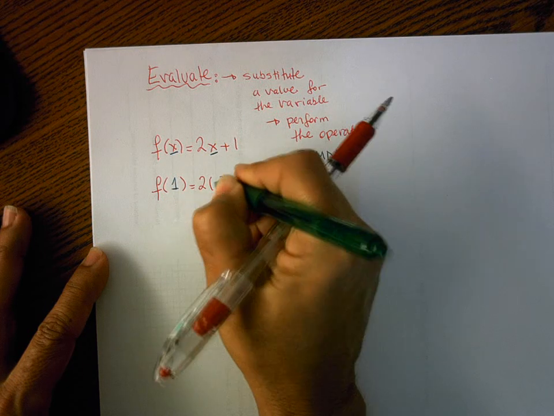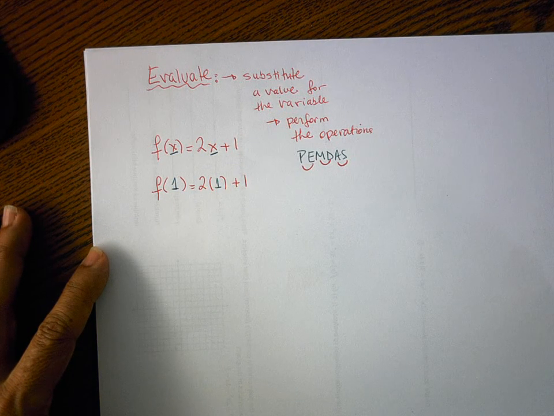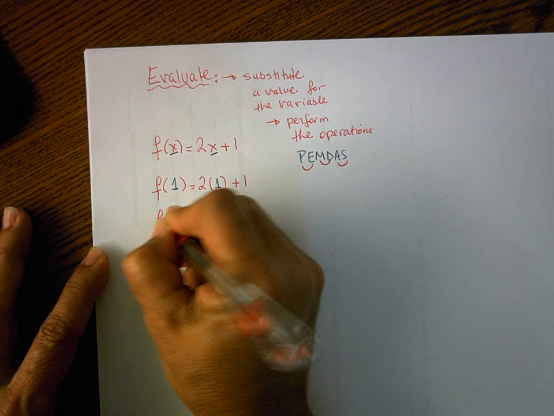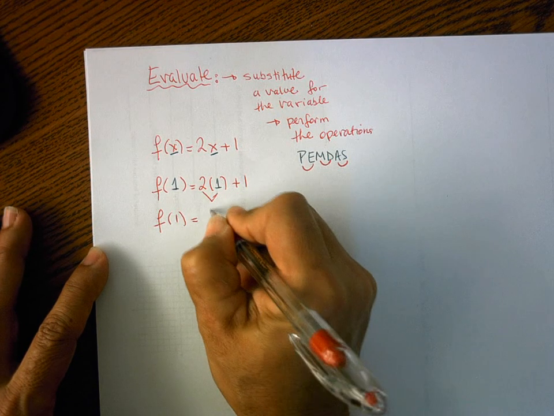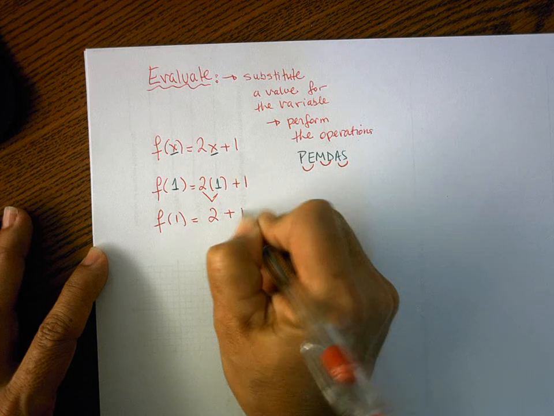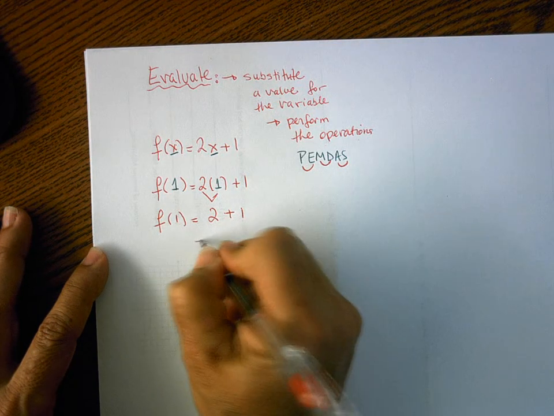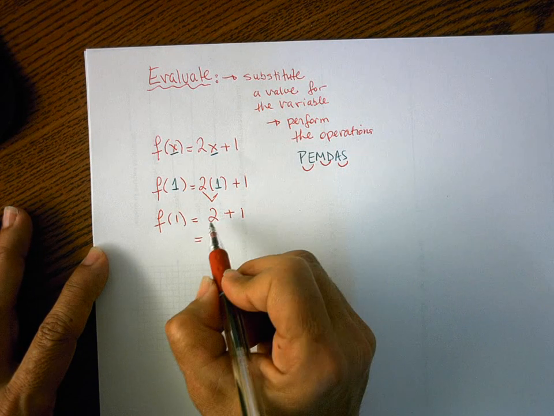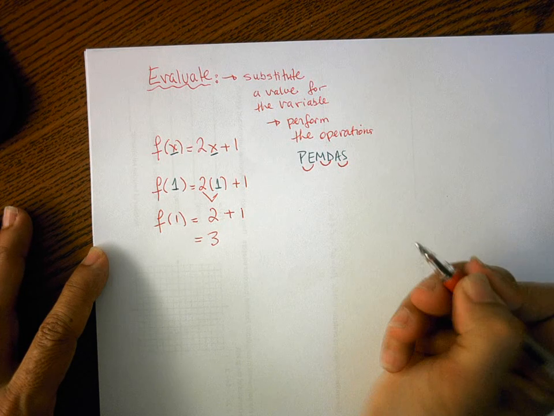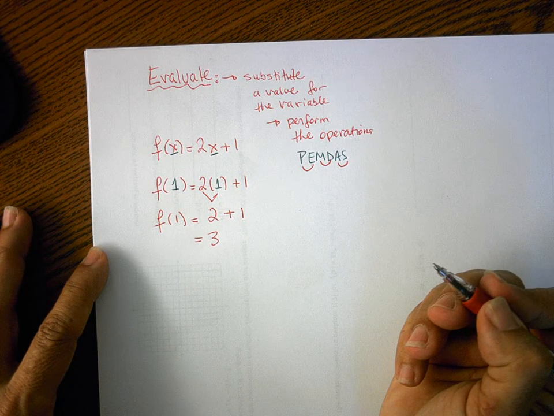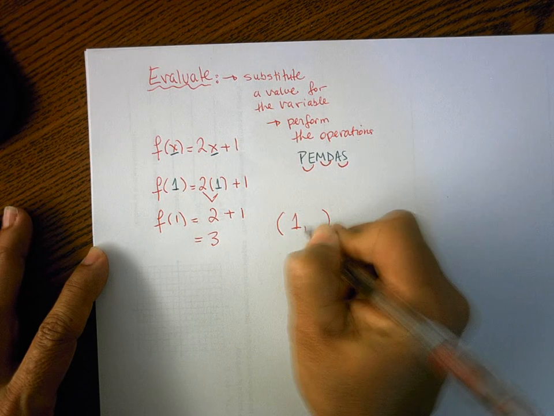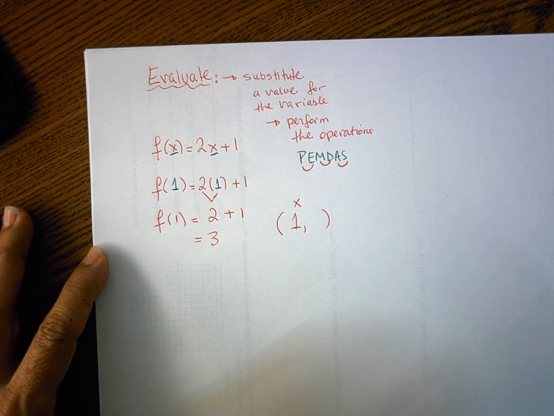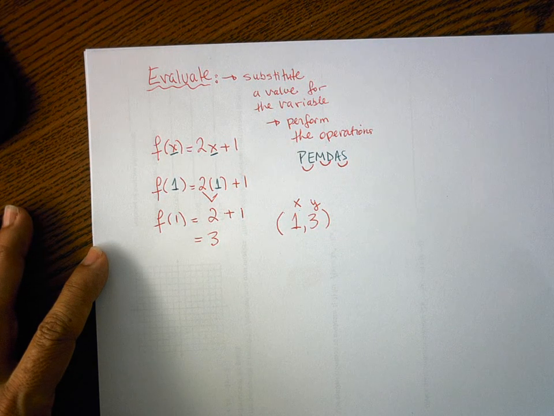So instead of x, we want to plug in a 1, f of 1. So I'm going to evaluate the function. When I plug in a 1, first I do 2 times 1, which is 2, and then I add 1 more. So I finished the operations. 2 plus 1 is 3. If I am to write this as an ordered pair, it would look nice to say I plugged in 1 for x and I got out a 3 for y. So 1 comma 3, okay?